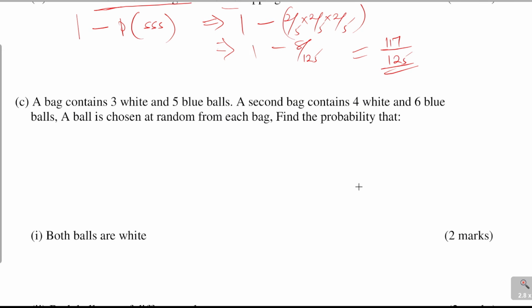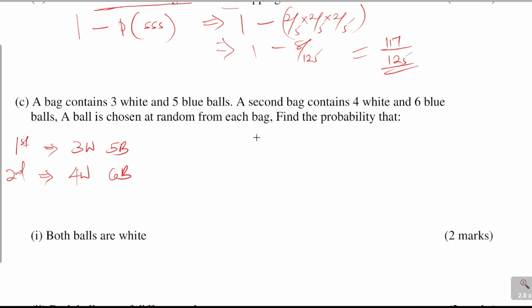So we have 2 bags. So you have the first one here. We have the first bag. It contains 3 white and 5 blue. Then you have the second bag. It has 4 white and 6 blue. So a ball is chosen at random from each bag. Find the probability that both balls are white.